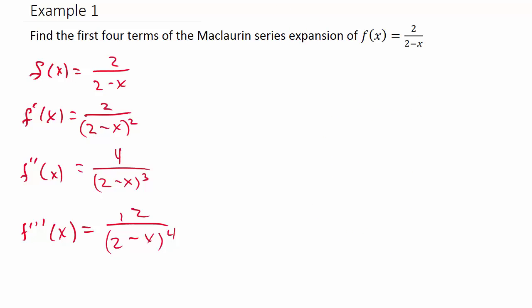What we have to do now is evaluate each of these at 0, because remember, a Maclaurin series is when a is equal to 0.